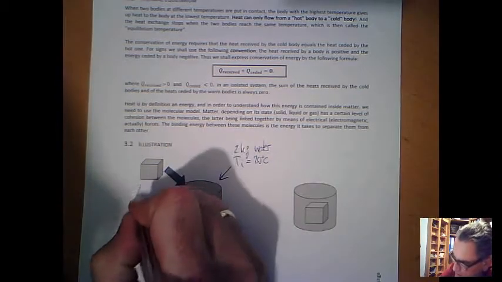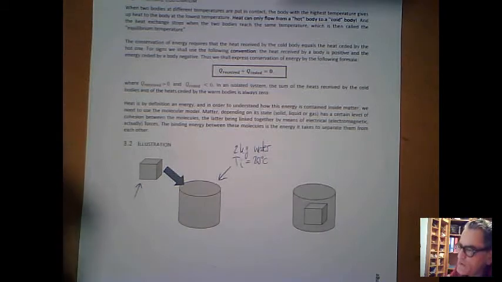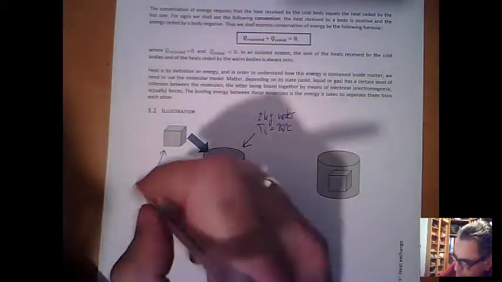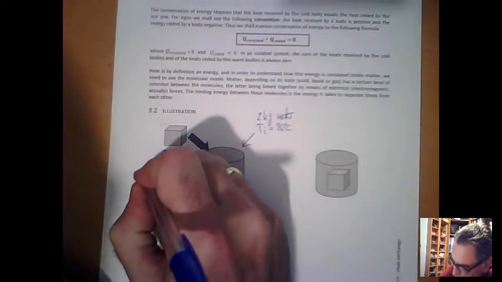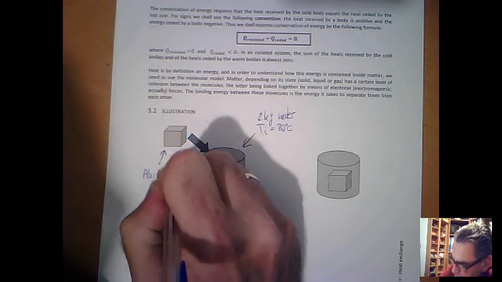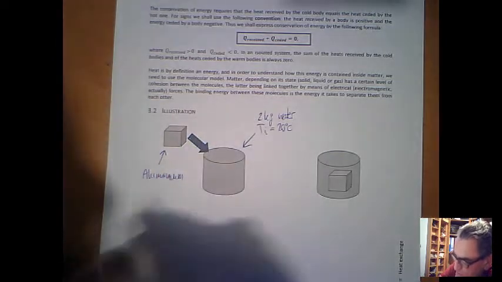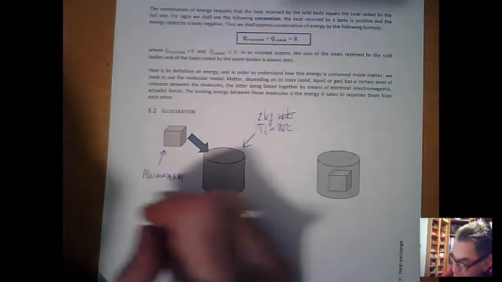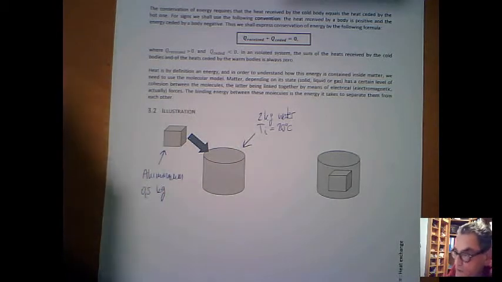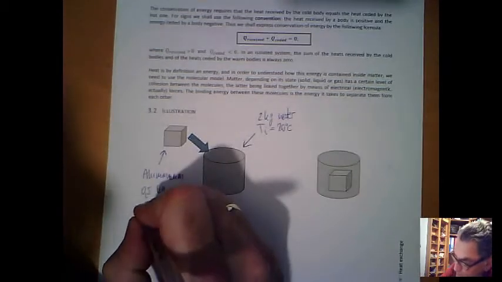Let's assume that now we take a piece of something else. It could be, let's say, aluminium. I'm just picking one substance. It could be 0.5 kilograms. I'm just making these numbers up, okay?